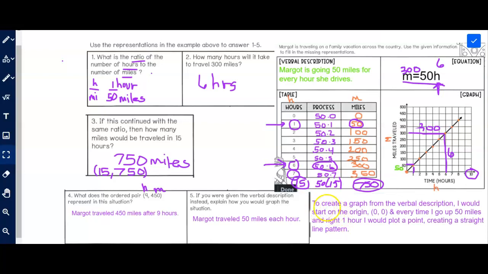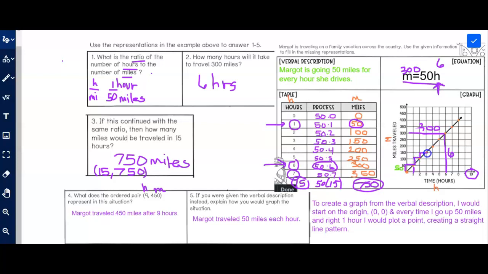So again, we're going to create a graph from the verbal description. Start on the origin, 0, 0, and every time you went up 50 miles and over 1 hour, you plot a point. So up 50 over 1, up 50 more over 1, plot a point.